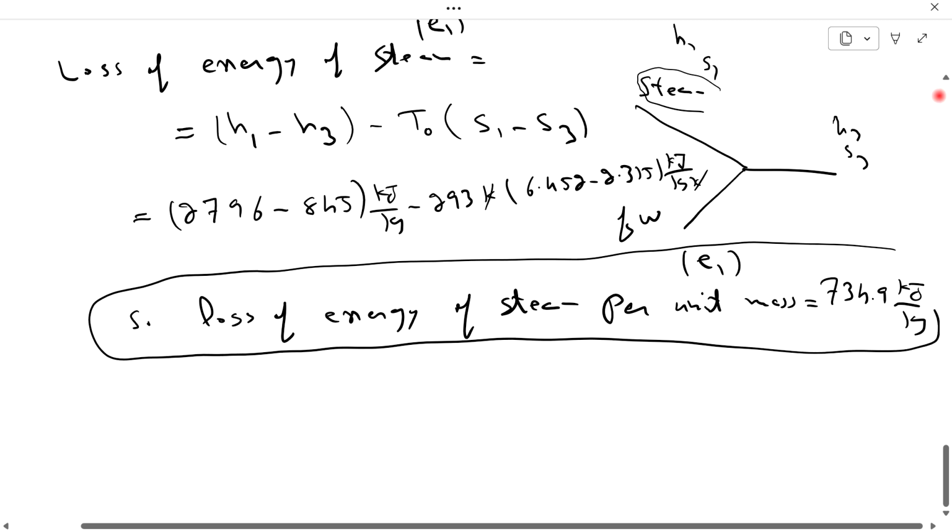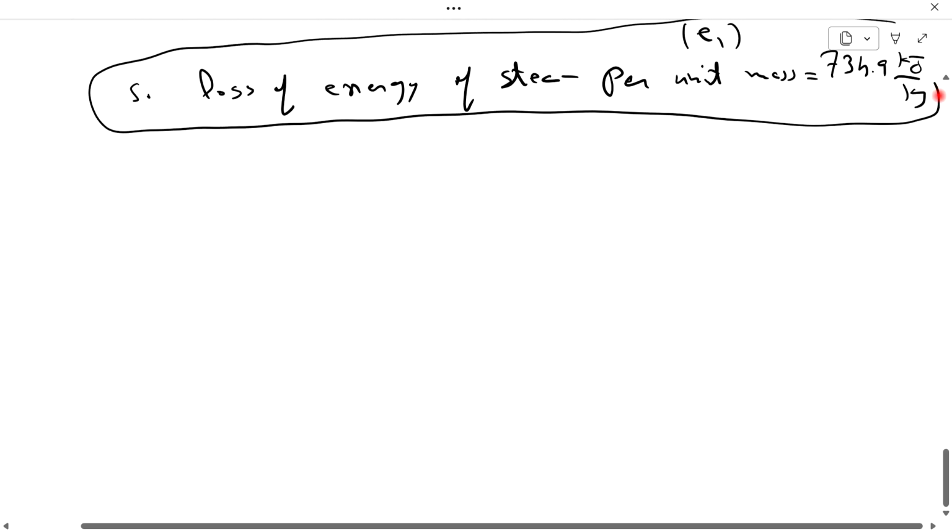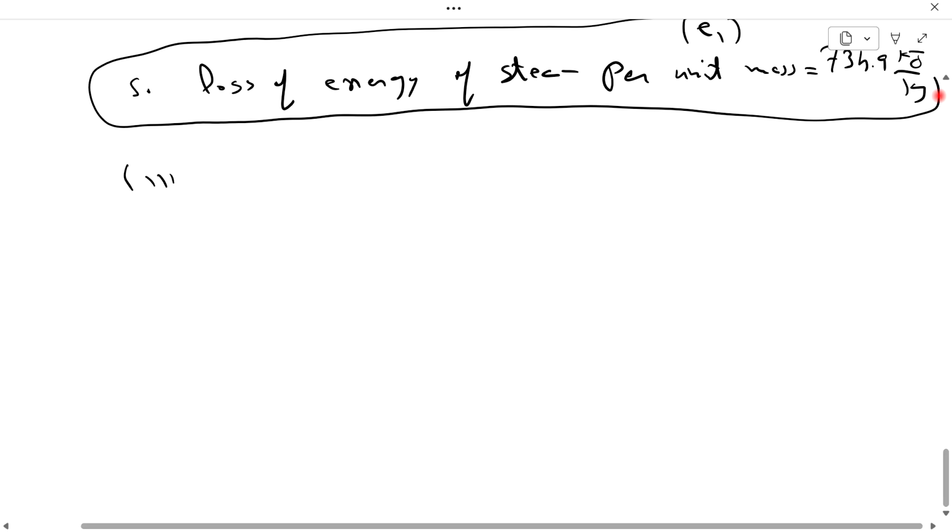Now we are solving the third part, in which we have to find effectiveness. For effectiveness, first we find the gain in exergy. So again I draw a simple diagram.